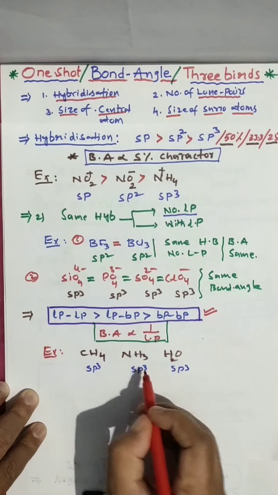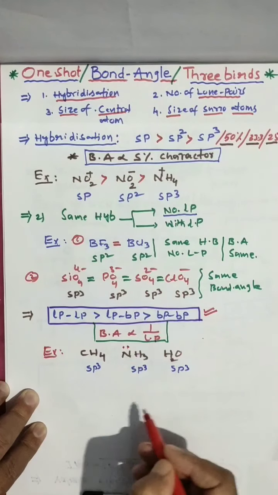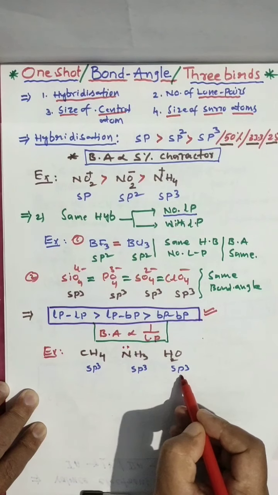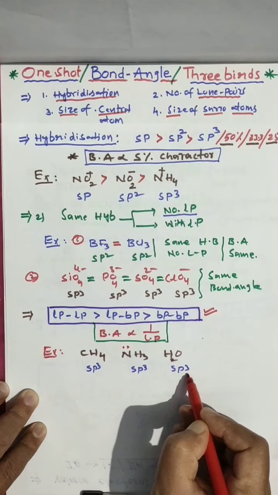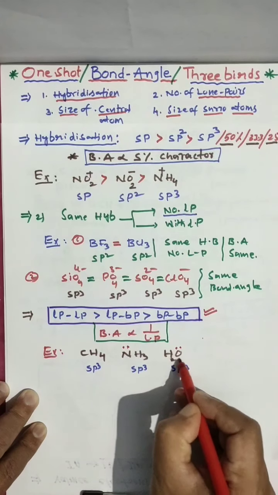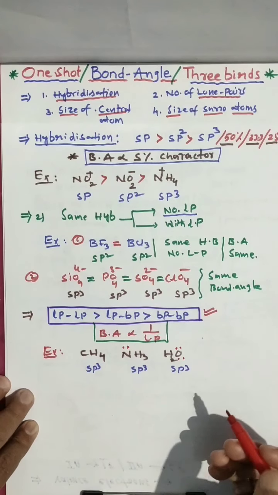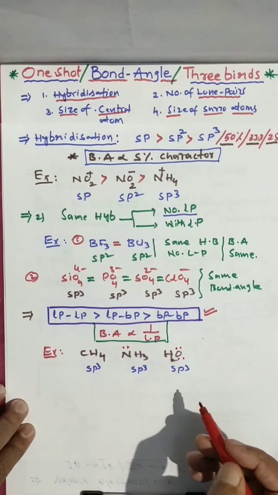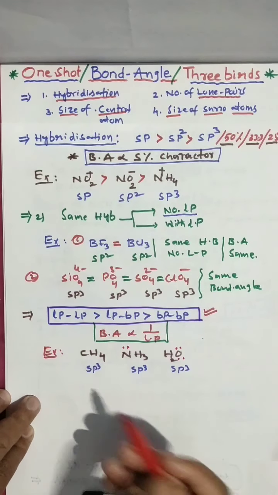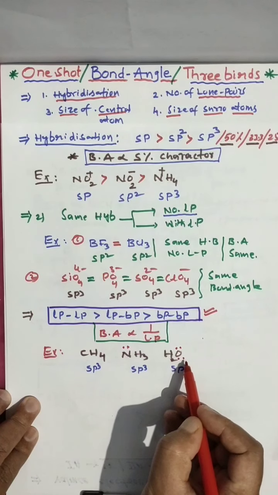Next here sp3, 4 minus 3, 1 lone pair is there. Here sp3 4, surrounded atoms 2, 4 minus 2 means 2. This is the best trick to calculate the number of lone pairs. So here no lone pair, here 1 lone pair, here 2 lone pairs.